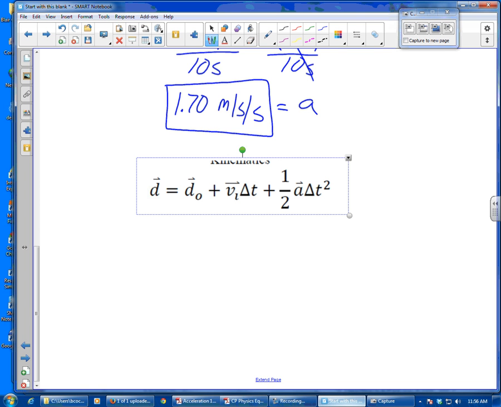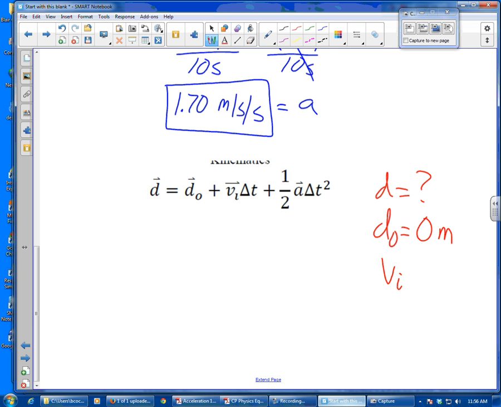let's see. I don't know where I end up. Where did I start? Where can I assume that I started? At 0, right? Because I can put 0 anywhere I like. When I started off, I was moving at 18 meters per second.